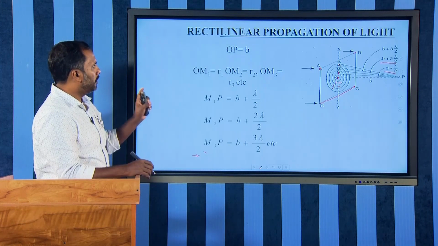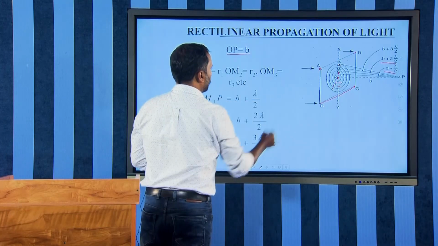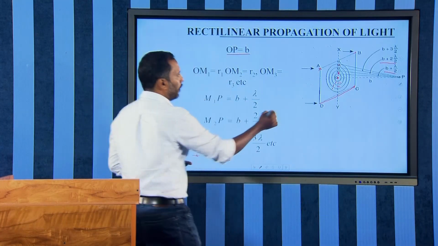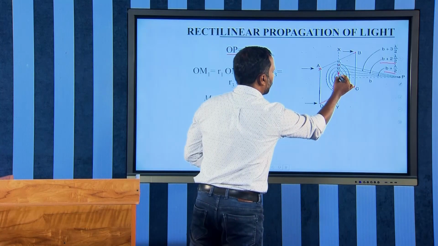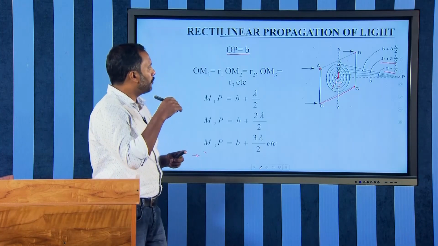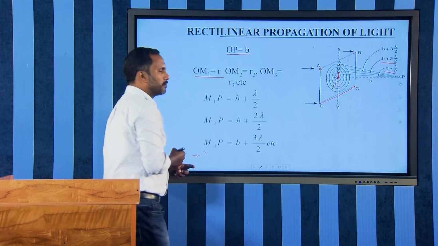Now, we are taking the distance OP as B. Now, OM1 is the radius of the first zone, therefore that is taken as R1.